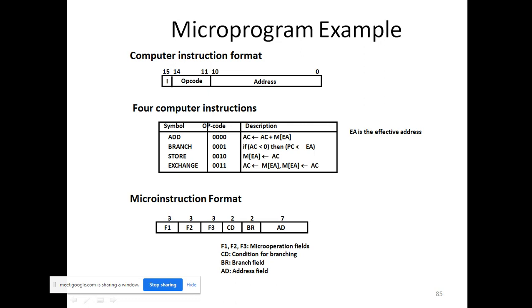So here there are different micro operations. F1 consists of some micro operations, F2 has some other micro operations, and F3 has different micro operations, based on opcodes.